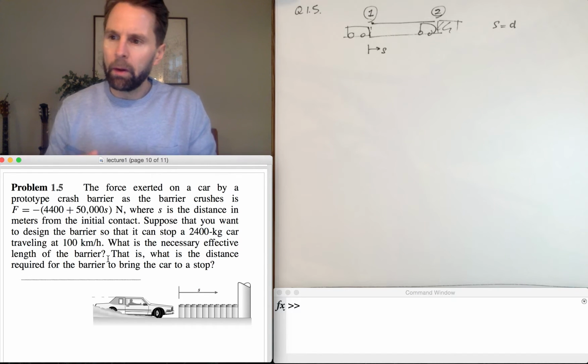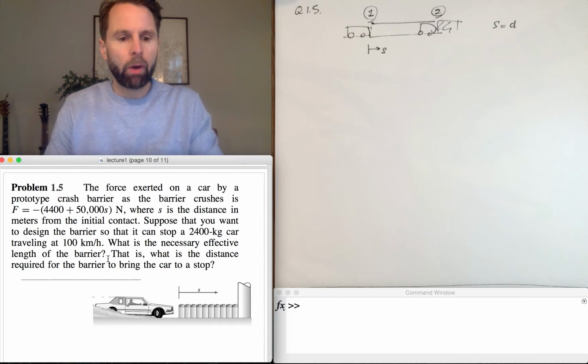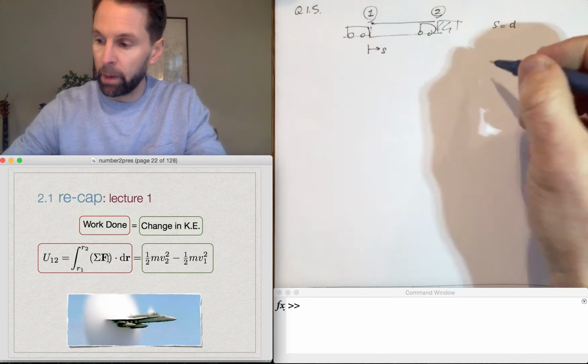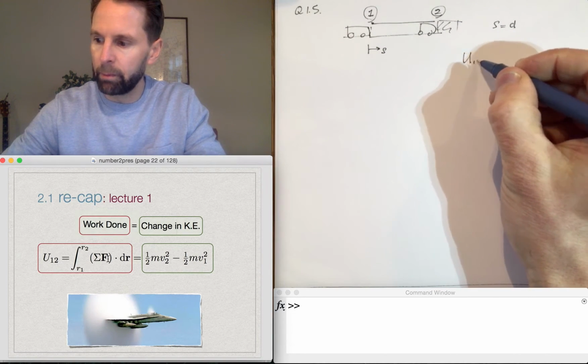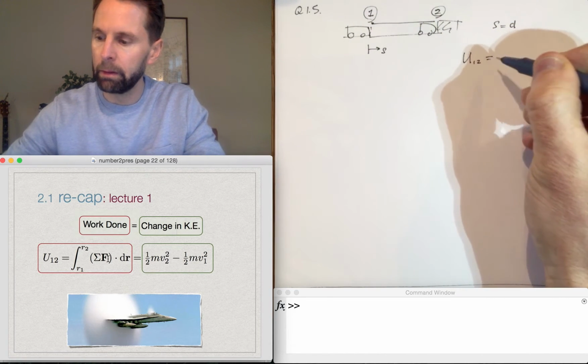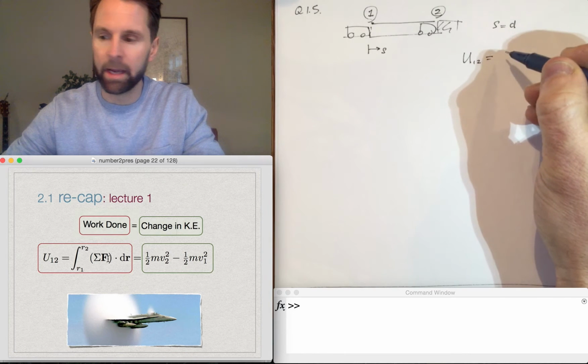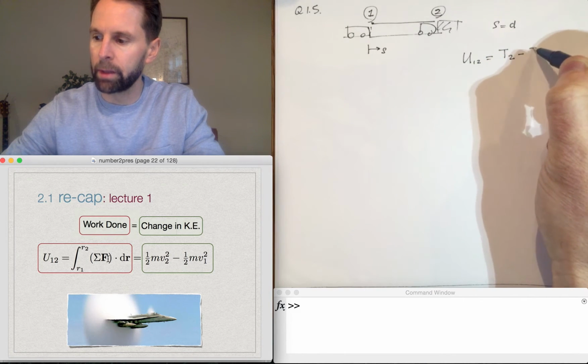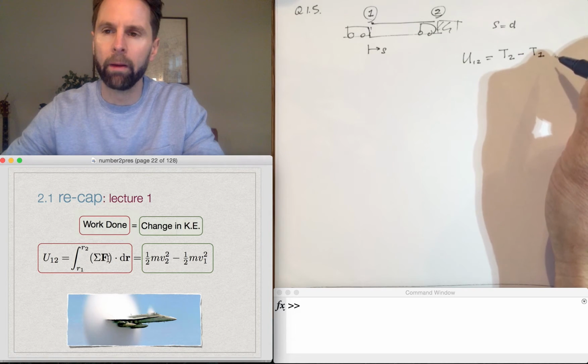So what we'll do is we'll just write down the main result of the lecture, which is from lecture 1, which is that the work done between these two positions on the car is equal to the change in kinetic energy. So the kinetic energy at position 2 minus the kinetic energy at position 1.